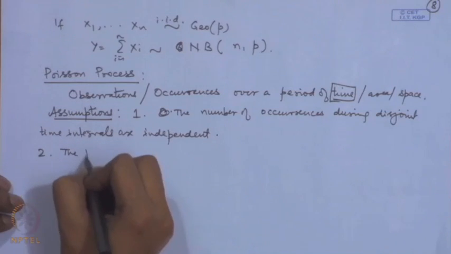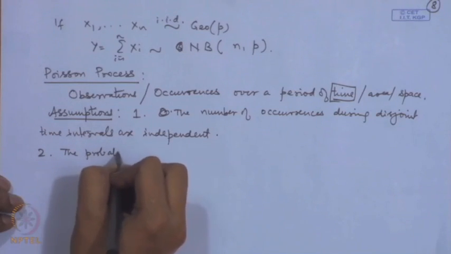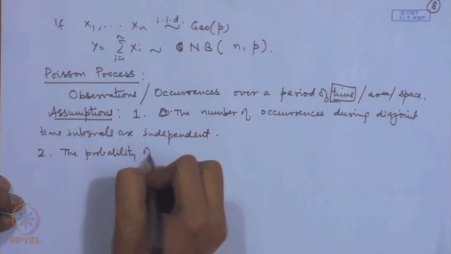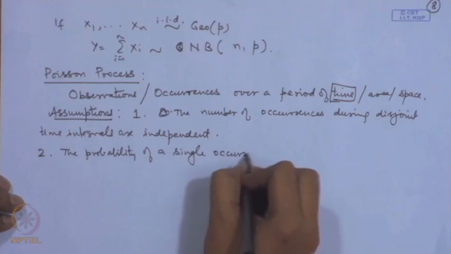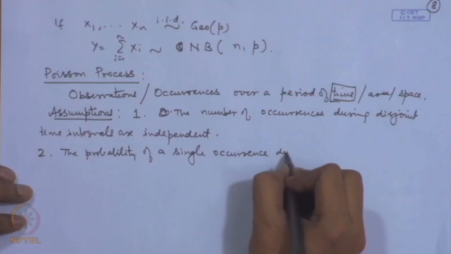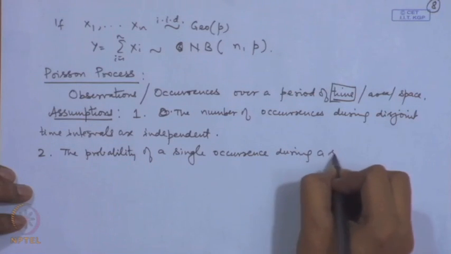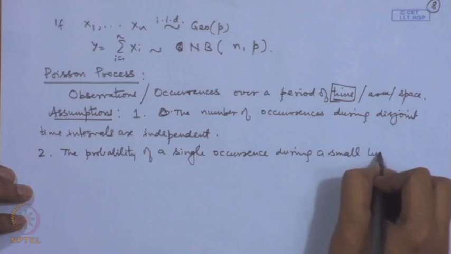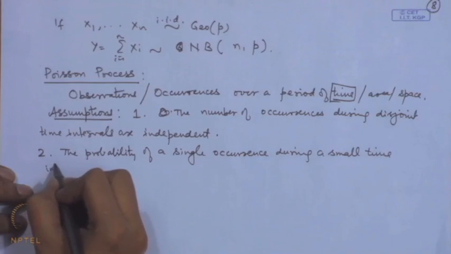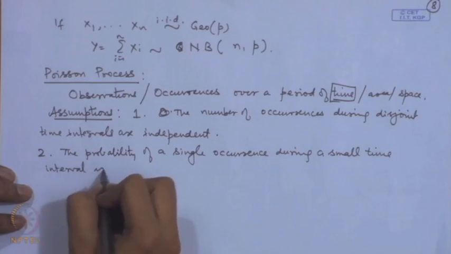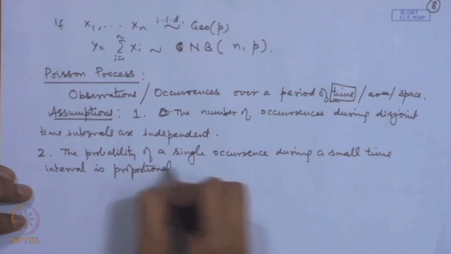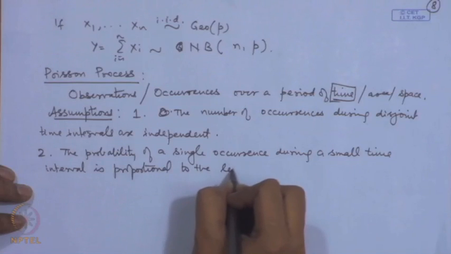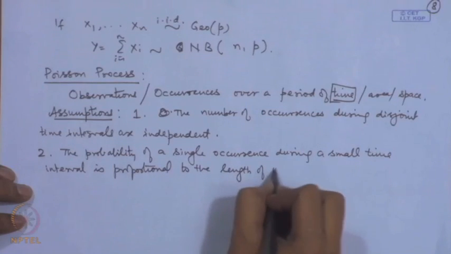The probability of a single occurrence during a small time interval is proportional to the length of the interval.